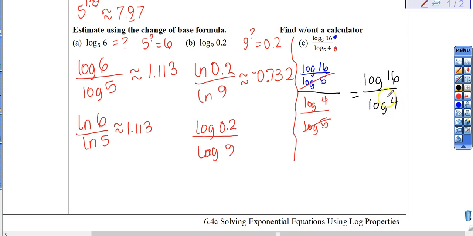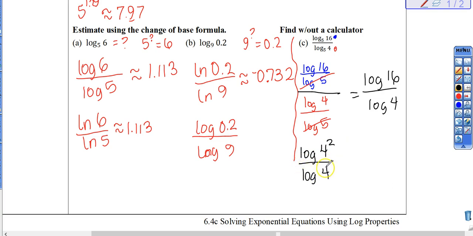Now, how do we continue to solve this so that we don't need a calculator? Because these are base 10. Here's what I suggest. I know that I can write 4 and 16 in the same base. So I can write this in its equivalent form, the log of 4 squared over the log of 4.